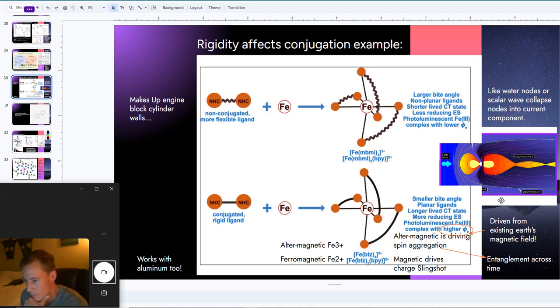And so when you look at the Fe2+ and its photoluminescent Fe3+ complex with a higher phi, you see that it's really this altermagnet driving spin aggregation entangled across time in combination with going back to a state that's a slingshot drive. And so you get a drift velocity.